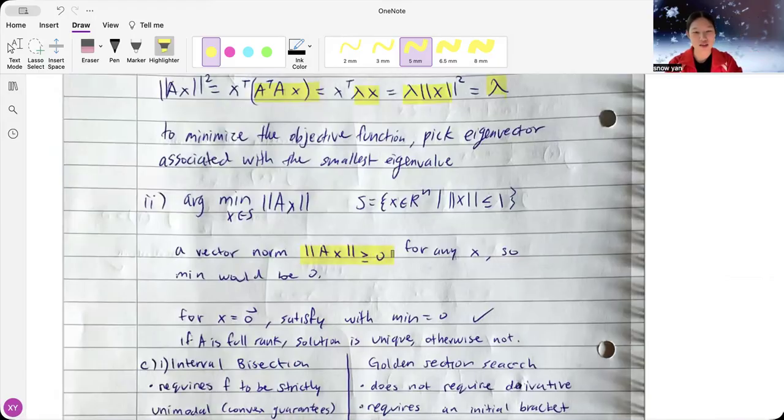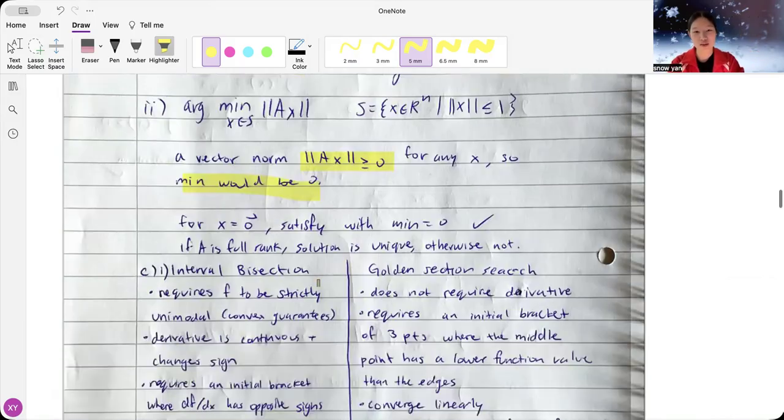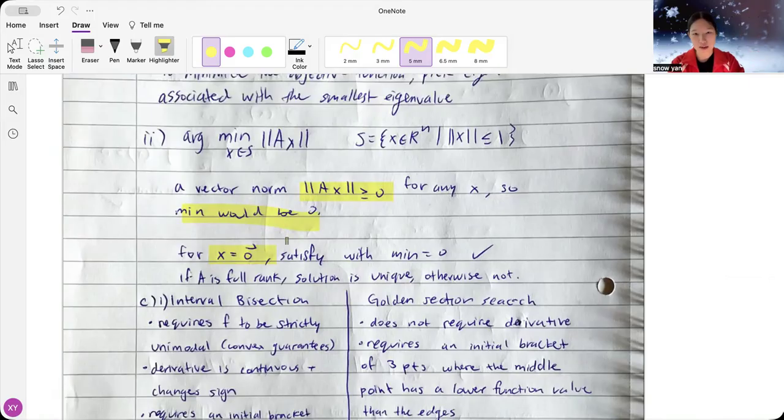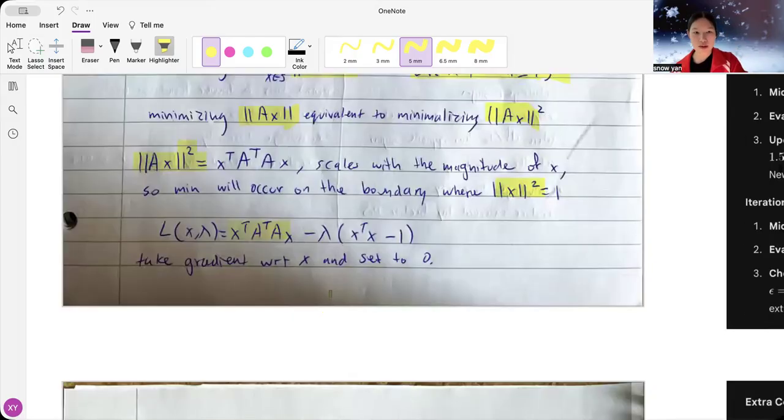The idea is that it has to be greater than or equal to 0, so the minimum, if it exists at 0, would be 0. So we just solve it with x equal to the zero vector of dimension n, which satisfies the constraint. The only thing is that if A is full rank, the solution would be unique. Otherwise, it wouldn't, but it doesn't matter, because no matter what we're at the minimum solution. So yeah, part B II is finished.